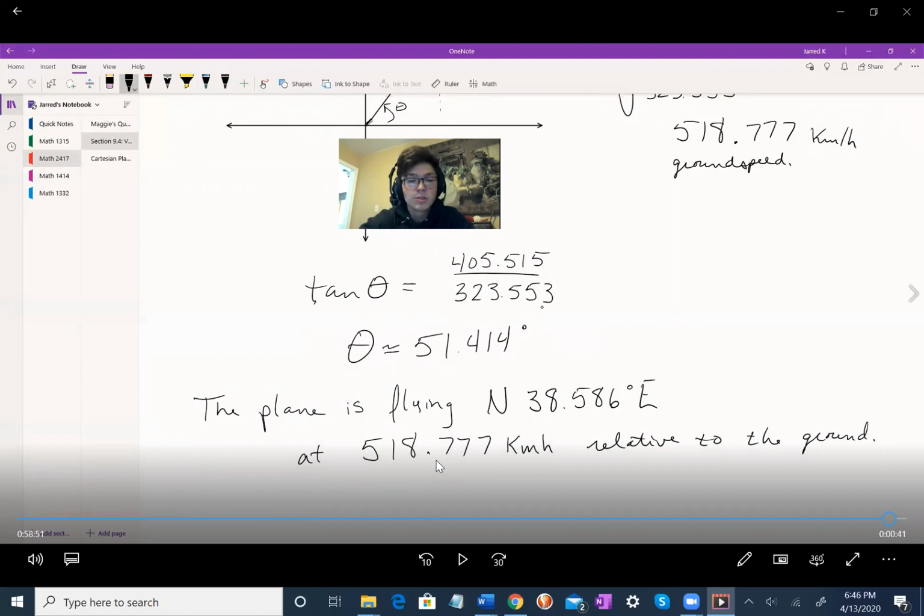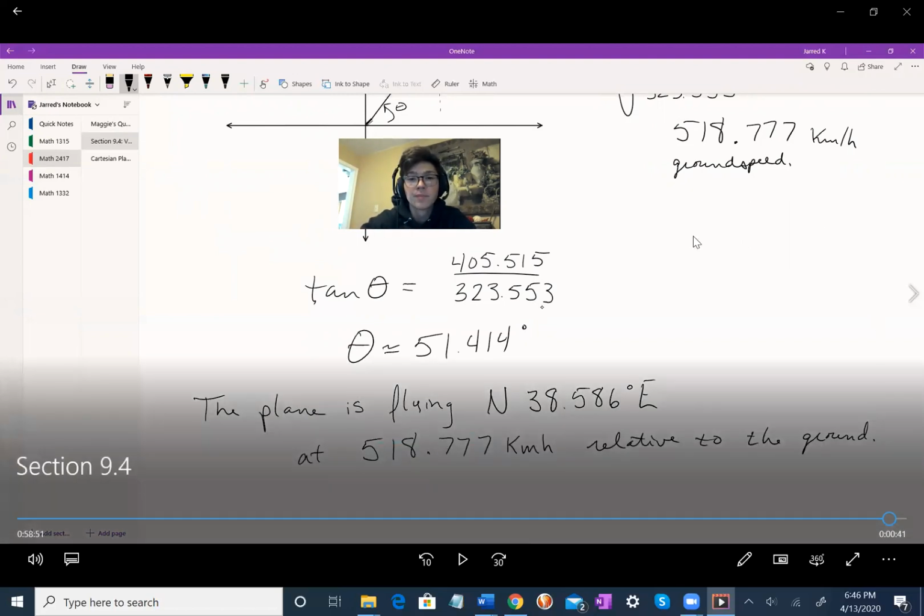You want to use the magnitude equation, which is just a fancy distance formula, right? x2 minus x1 quantity squared plus y2 minus y1 quantity squared, and take the square root of it. That'll give you your magnitude for a vector. And then if you're dealing with the compass version here, you can use tangent theta to find that angle.